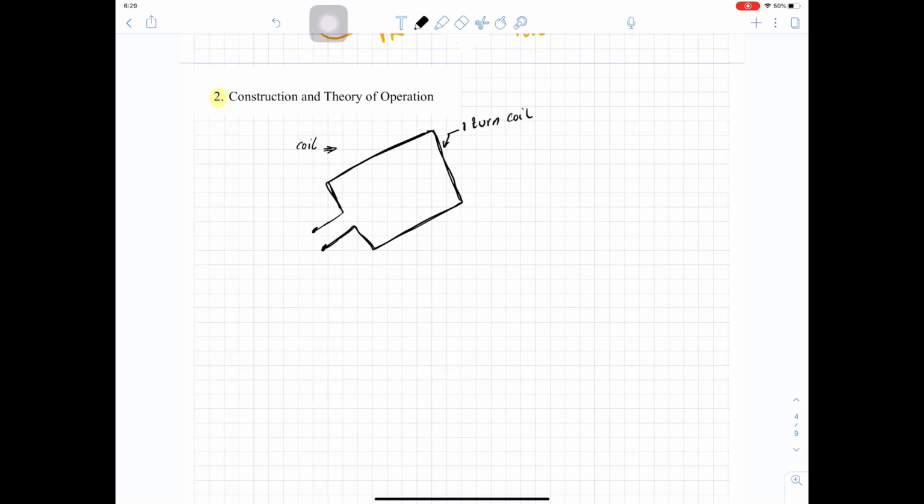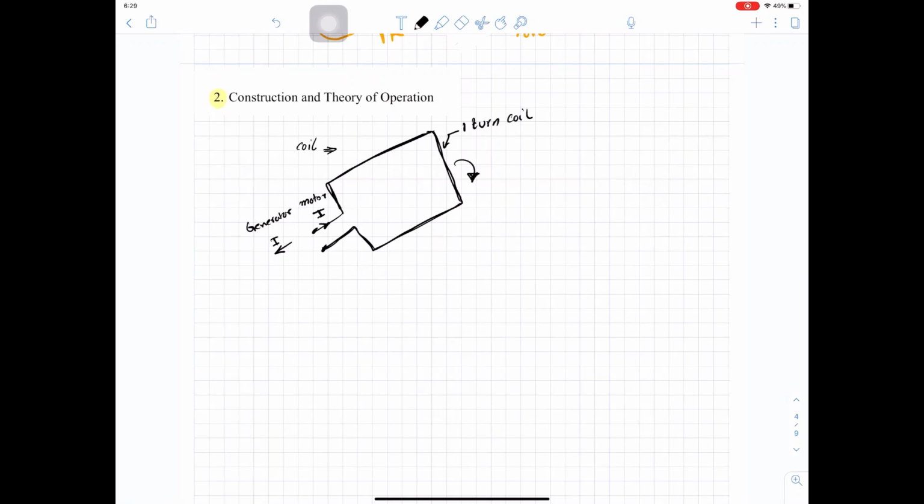And the first challenge that we will see here is how we can inject current into this coil, or how we will collect the current from the coil if it is motor or generator. Why this is a challenge? Because the coil is rotating, it's moving.